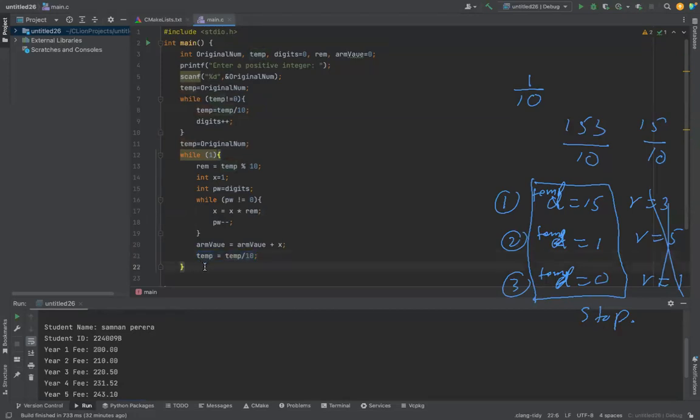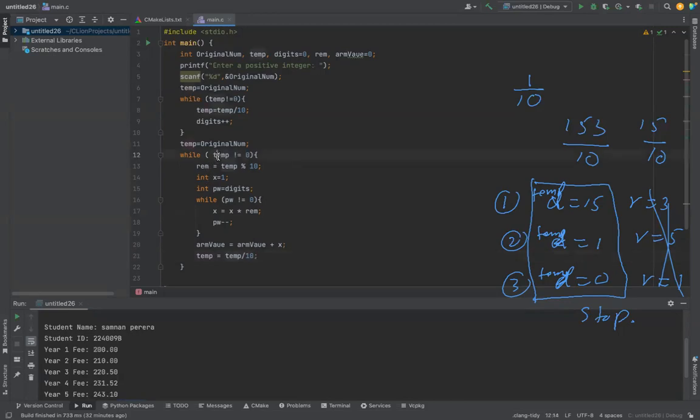Now the temp is 0, what we have to do? We have to stop. Therefore this while loop should be stopped when the temp equals 0. That means the while loop should run while temp is not equal to 0. I think you guys do understand this one.